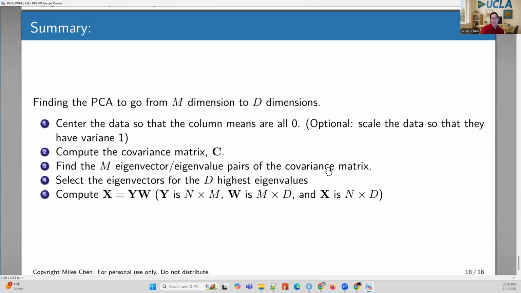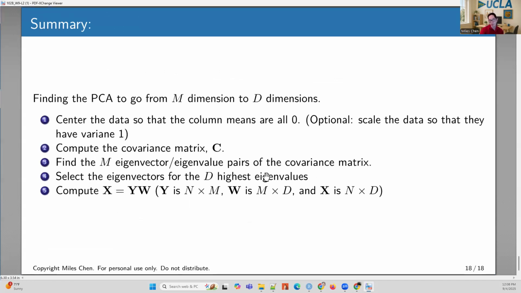Okay. So this is how we would go about performing principal components analysis to go from M dimensions down to D dimensions. First we have to center all of our data, and then we compute the covariance matrix C, and then you find all of the eigenvector-eigenvalue pairs of that covariance matrix.